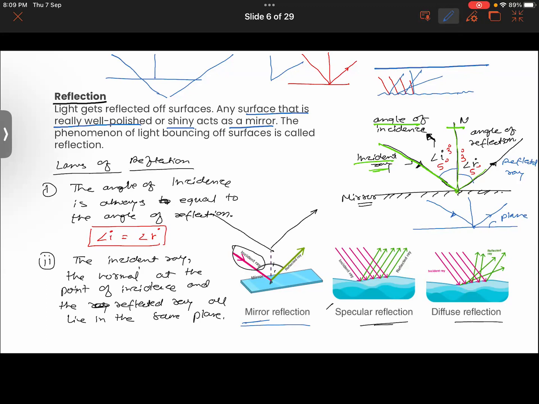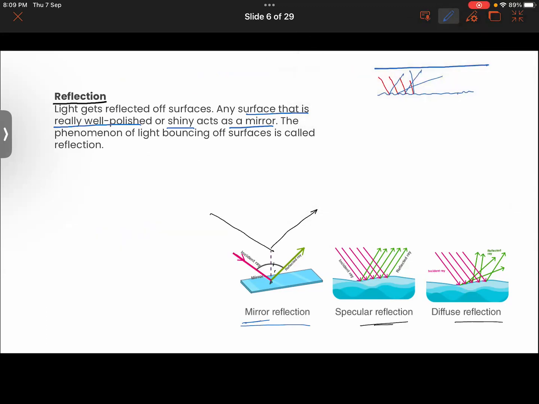Okay. Look here. The simple thing is, you have a mirror here. Suppose this is a mirror lying flat on the ground. This will be the reflecting surface.